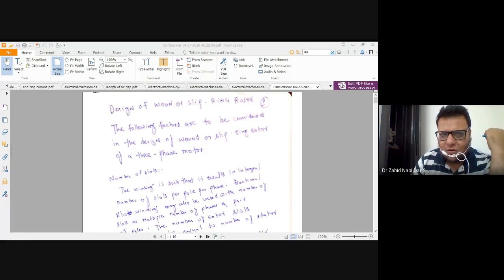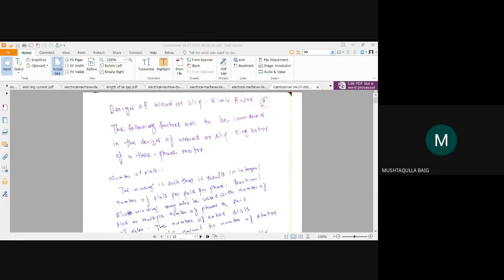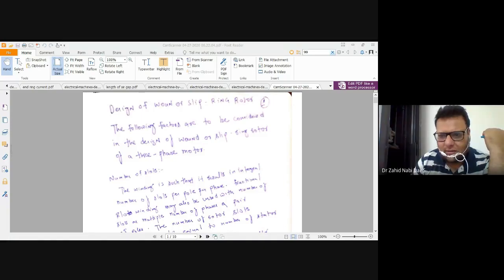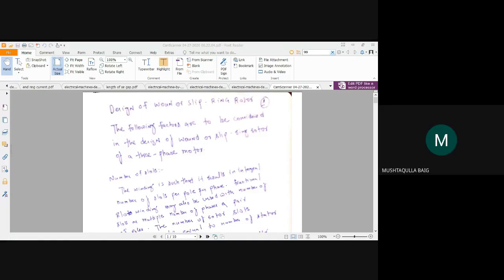So that's why it is called a slip ring rotor. By inserting external resistance, we can control voltage, we can control torque. Okay.